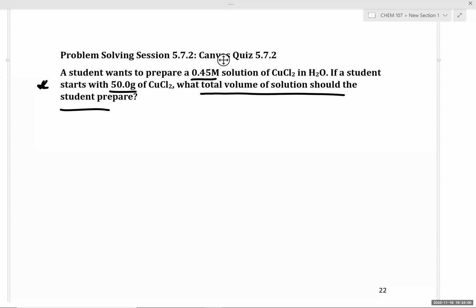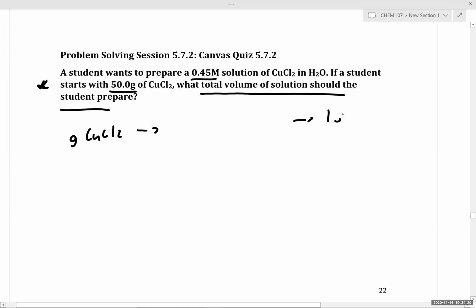Okay, so let's discuss this example. So in this case, we are given the grams of copper chloride, okay? And our end goal is to get the liters of solution.